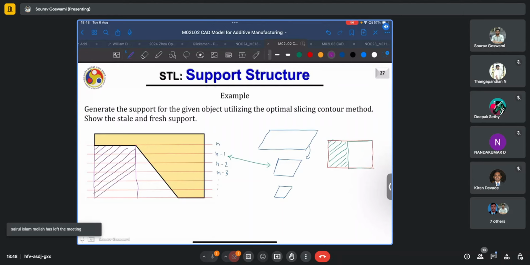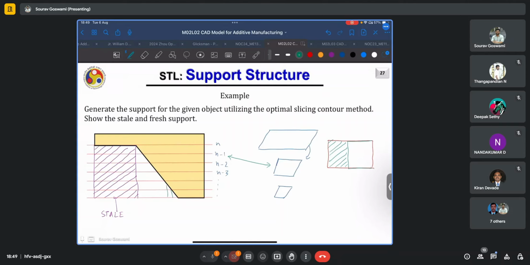However, since the support is not utilized in the next immediate layer, these are referred to as stale supports. And there will be this second region where the supports are generated to support or to help with the deposition of the very next layer.